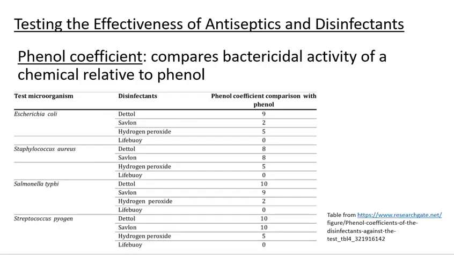And one of the first methods that people came up with is what's known as the phenol coefficient. And this method is not really widely used anymore because it was kind of arbitrary when they set up the conditions, because they're looking at the bactericidal activity of a chemical relative to phenol. And one of the first questions is, well, why look at phenol?